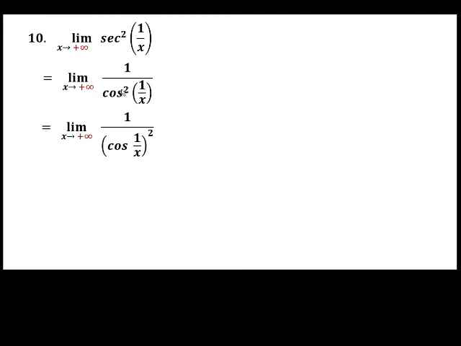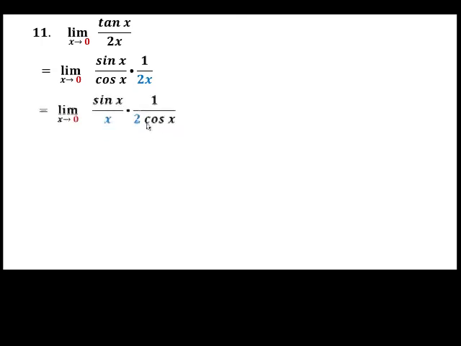Or we move the exponent to outside and evaluate this one. So this becomes cosine of 0. Cosine of 0 is equal to 1. So 1 squared is equal to 1, or 1 over 1 is 1. So the limit of this function as x approaches positive infinity is equal to 1.